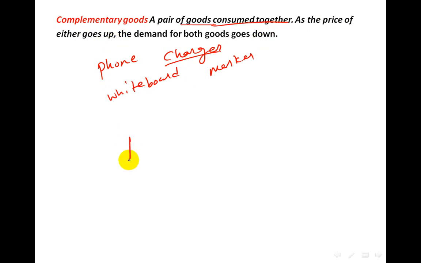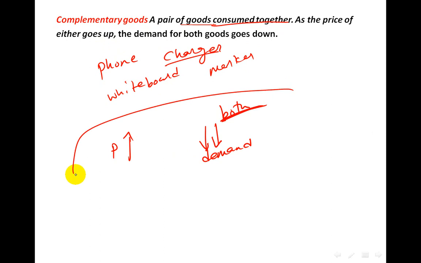So if any of the price goes up, both demands will go down. Take care, here it says both demands. Most of the times I do the same mistake and check only one of the demands and leave the other one. It's a common mistake, but please make sure that you're going to check both demands. Okay, this is complementary good.